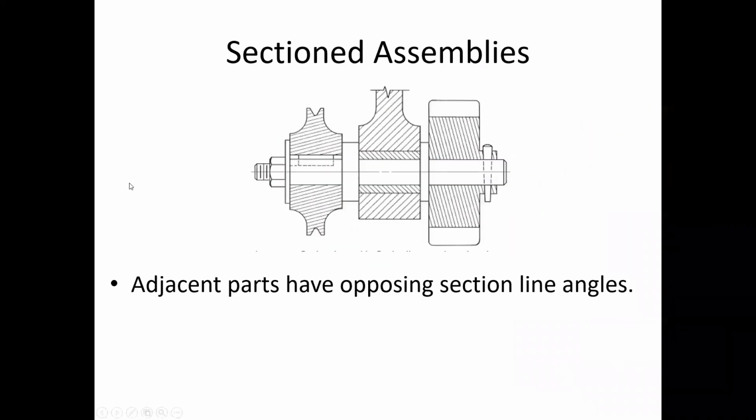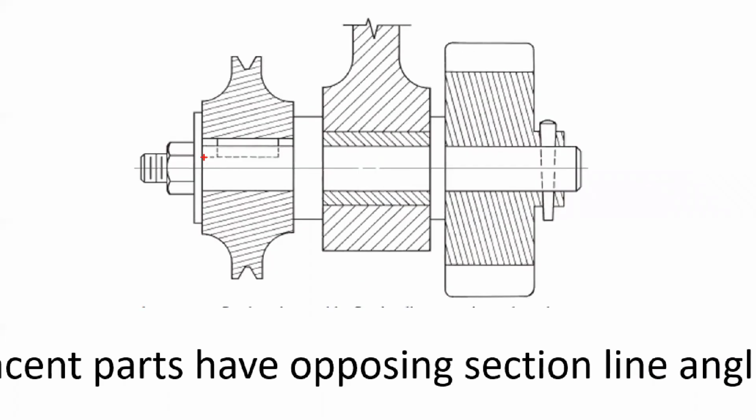Hidden lines on a taper pin. Oh, that's a good question. So you are seeing some hidden lines, and the hidden lines that you're seeing have to do with the key seat and the taper pin. If I were grading this, I would probably not.